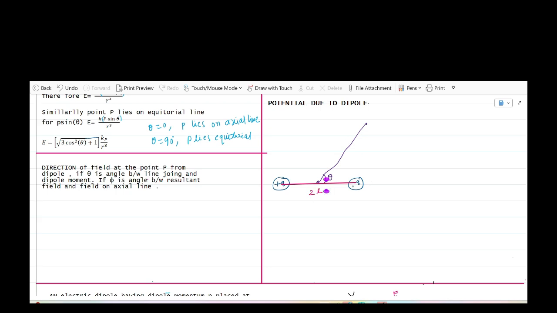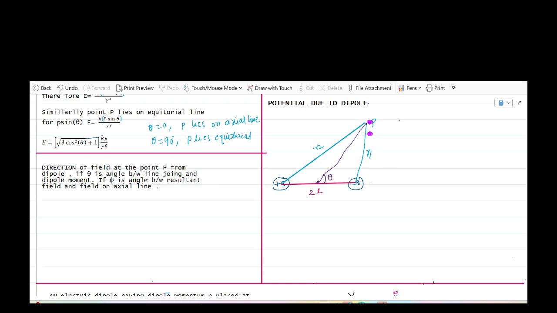So now the negative Q is at distance R1 and the positive Q is at distance R2, and this is R. So here is the point P. For potential, there is no need to give any direction.